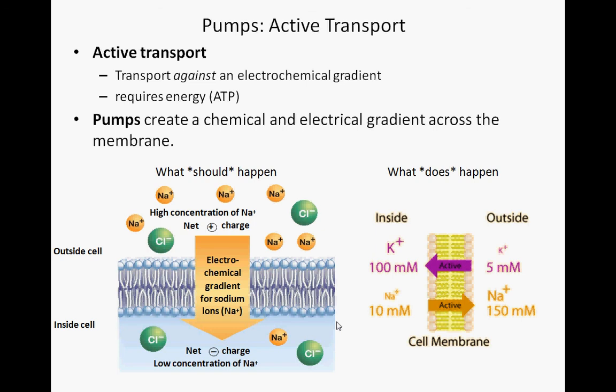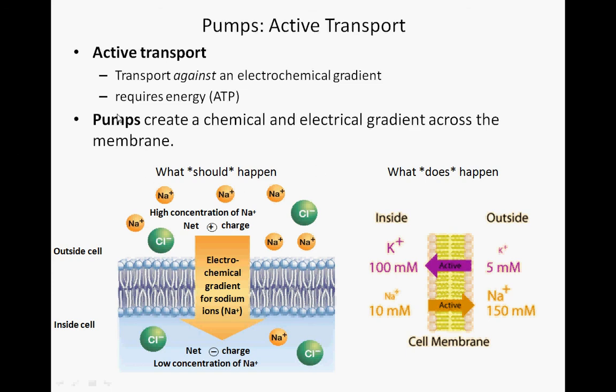As opposed to channels and carriers, we have pumps that sit in membranes. These are different. These employ what's called active transport. Active transport is when you're moving molecules against a chemical gradient. So this is where you're going to require some energy to do that because that's not going to happen spontaneously.